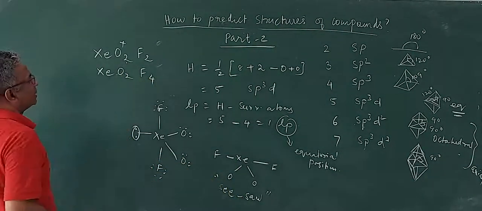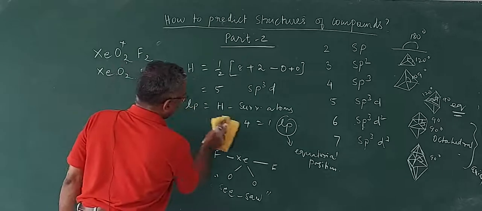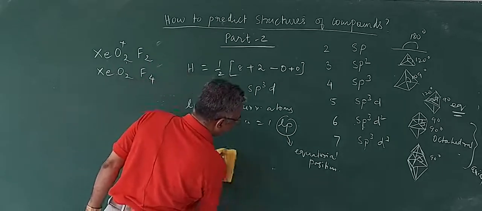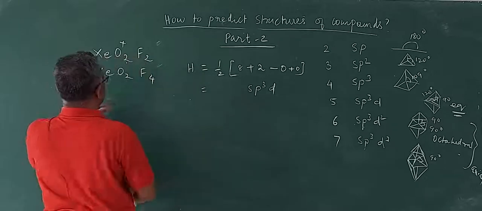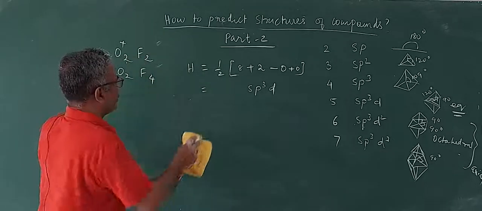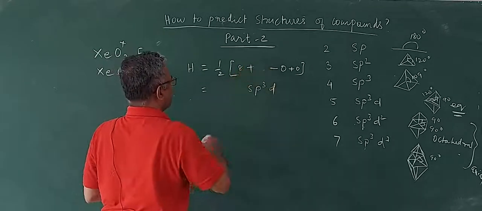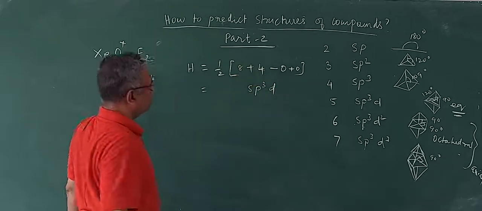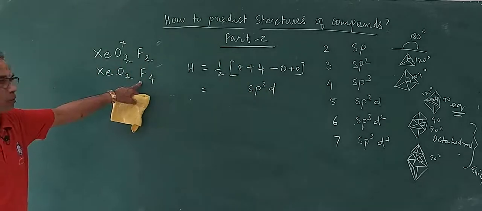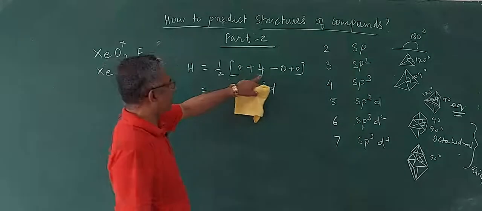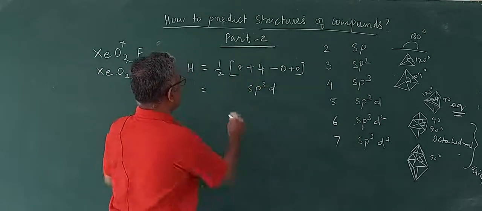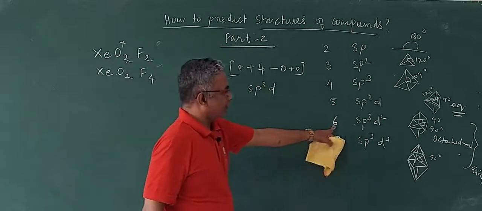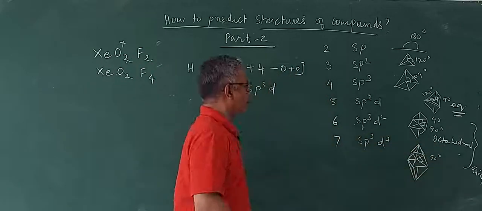Now let us see XeO2F4. You have 4 fluorine atoms here, so you will put 4, because fluorine is monovalent. Therefore 8 plus 4, 12. Since this is a neutral compound, no cation, no anion, this will be equal to 6. So 6 means again octahedral.